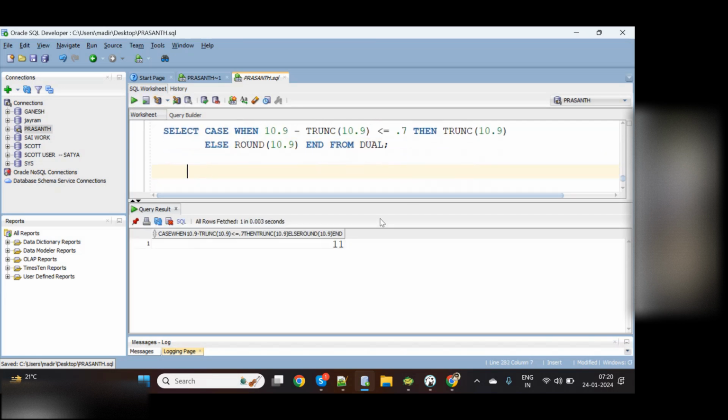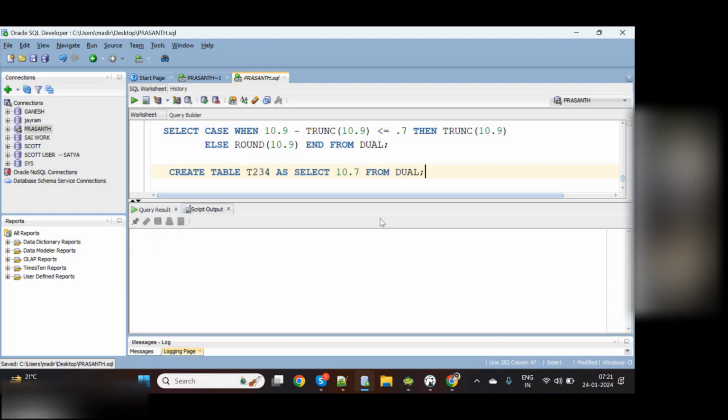See, now I will create a table to make you understand. Create table, simply I am creating one table, T234 table, as select 10.7 from dual.